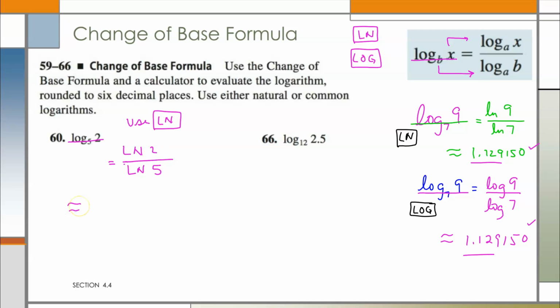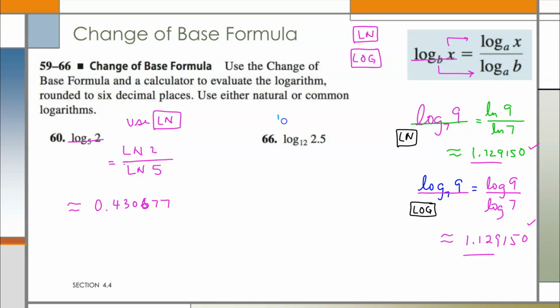The problem says use a change of base formula and a calculator to evaluate the logarithm to 6 decimal places. Find your ln button, ln of 2 over ln of 5, and you should get 0.430677 to 6 decimal places.